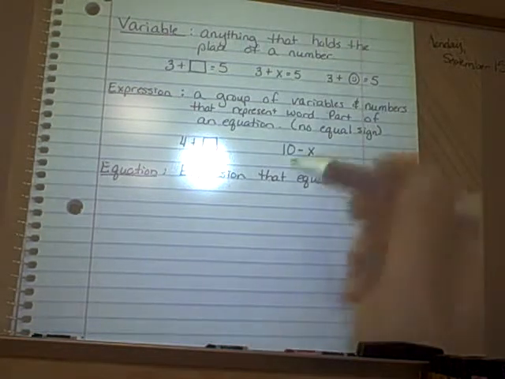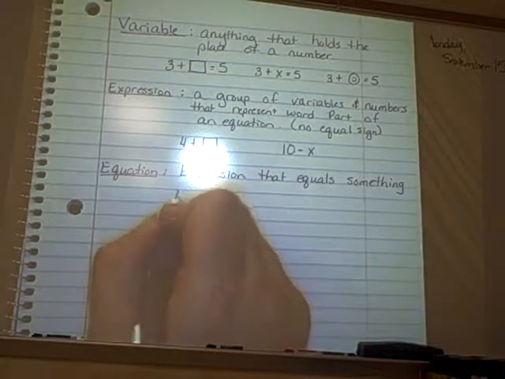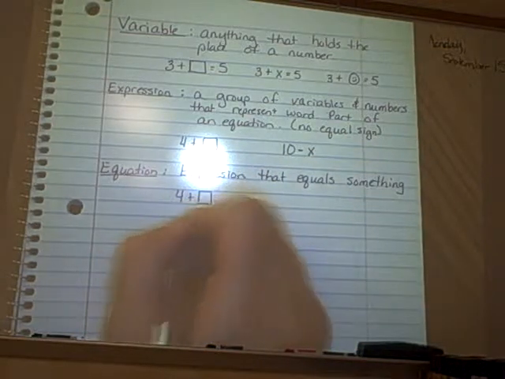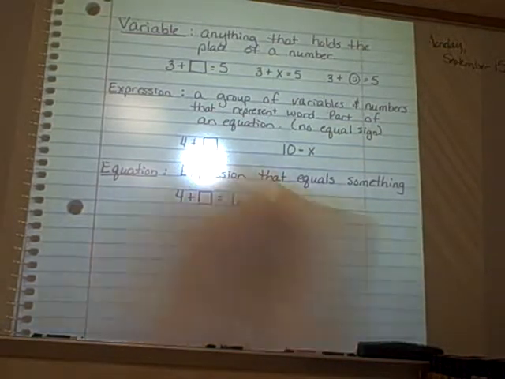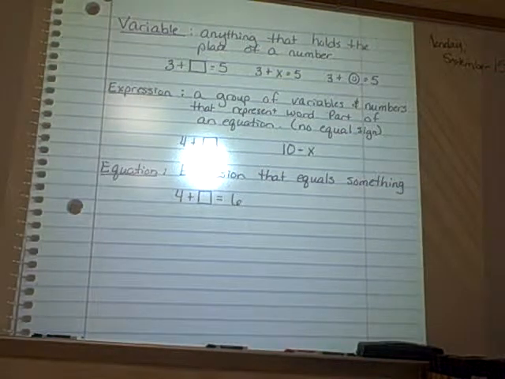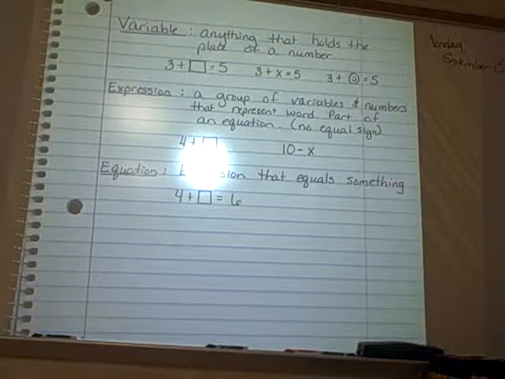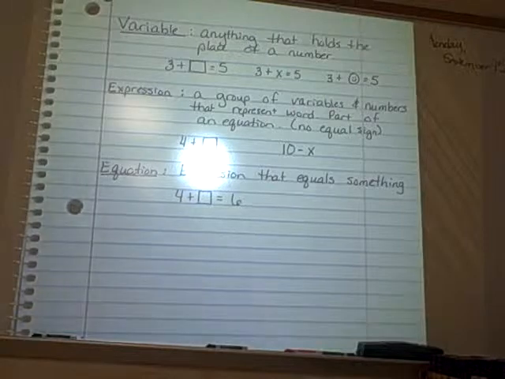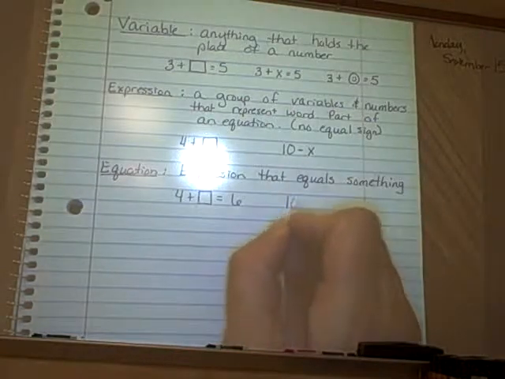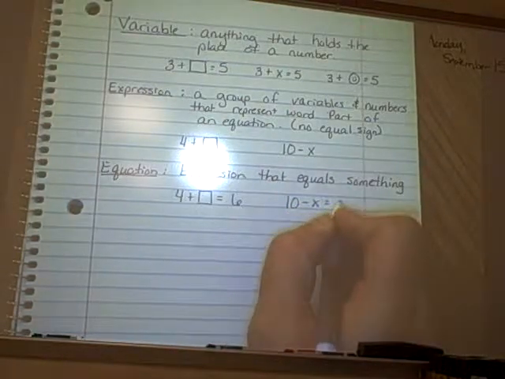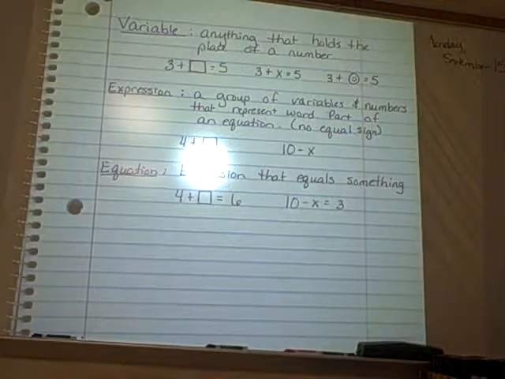So if I'm using the same examples for my expression, it could be 4 plus the box equals 6. That's an equation. Or 10 minus x equals 3. That's also an equation because it has an equal sign.